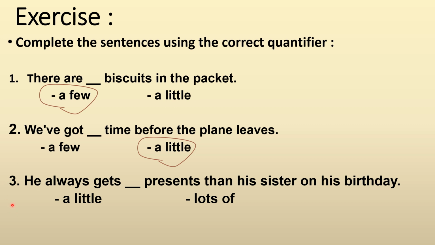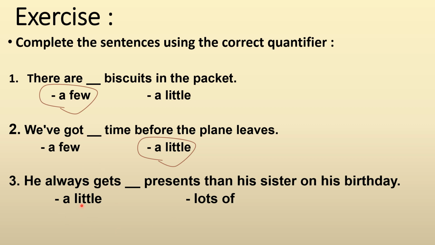Look at the last sentence. He always gets presents than his sister on his birthday. Okay, presents. This is excellent. Countable noun. Plural countable noun. Which one goes with a countable noun? A little or lots of?